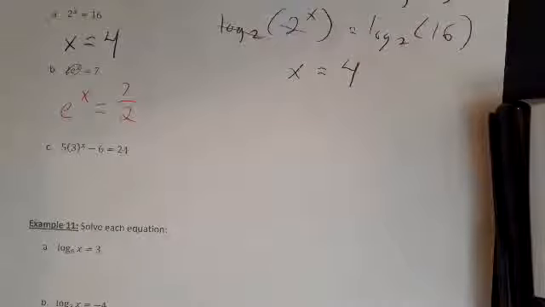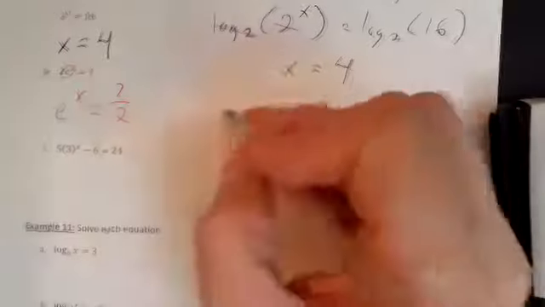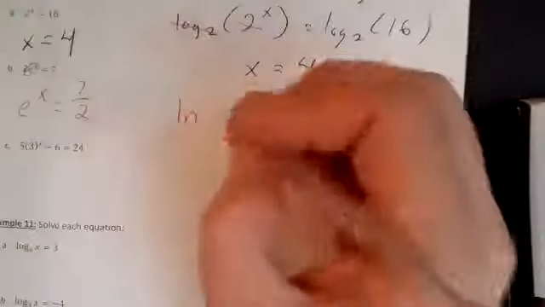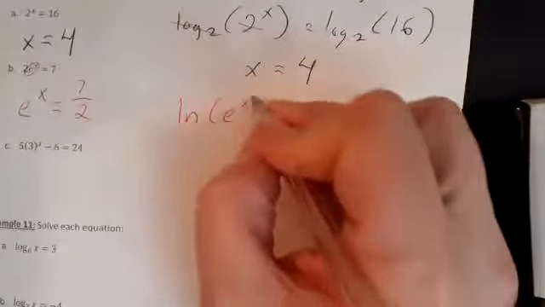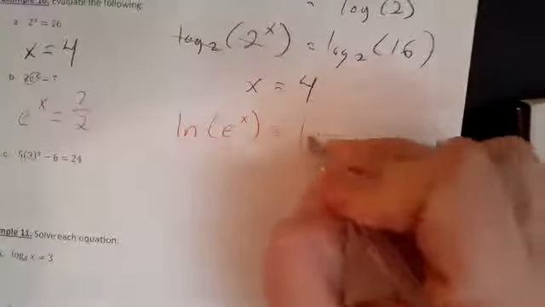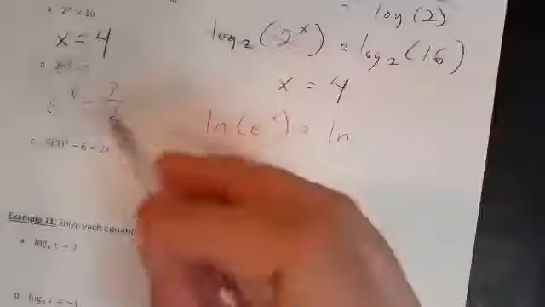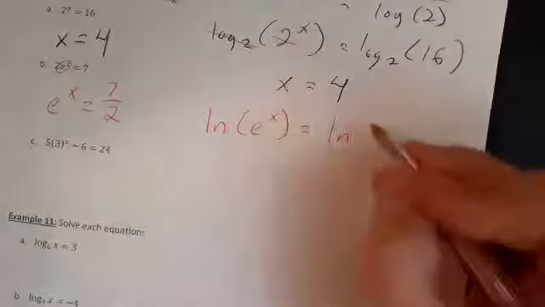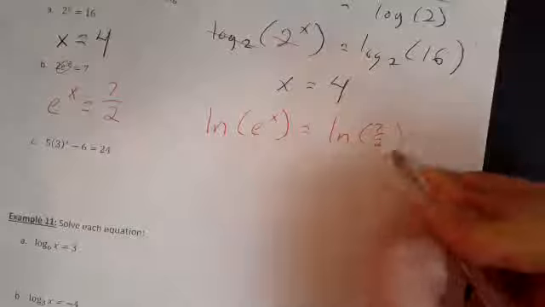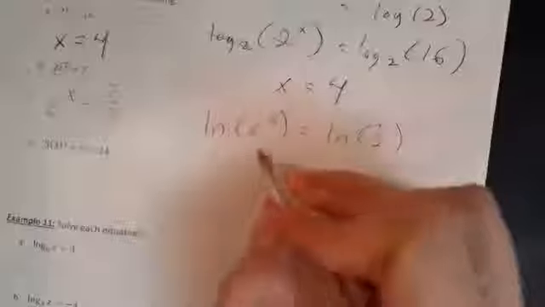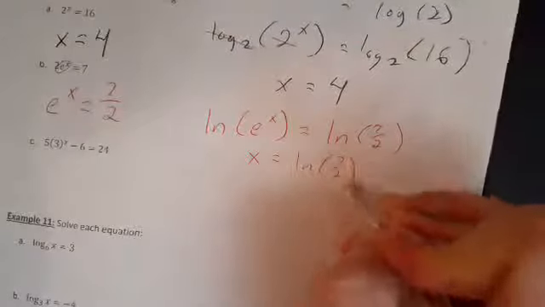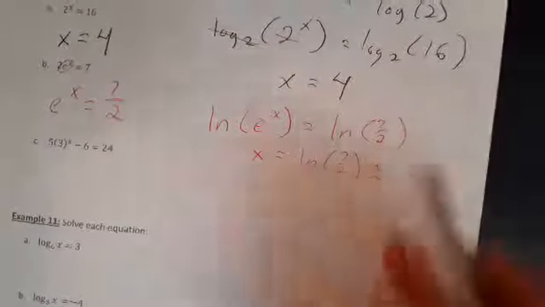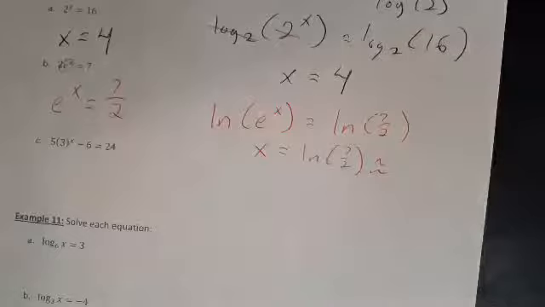If I want to undo an e to the x, the inverse of e to the x looks like ln. This side's e to the x, this side is ln of 7/2. This side is giving me my x, this side is giving me whatever the heck ln of 7/2 is. So if I want an exact solution, there's my exact solution.